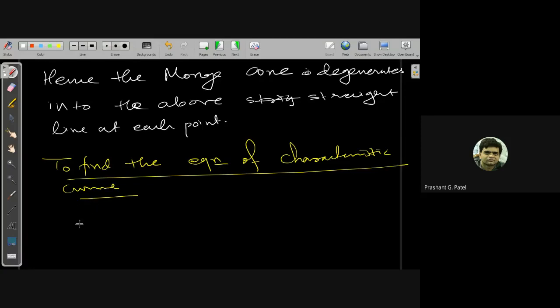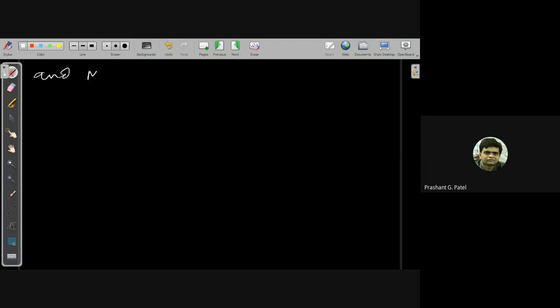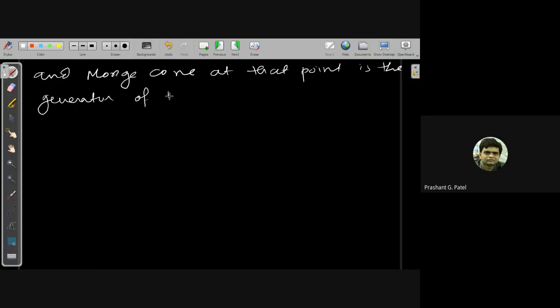So we'll write that as: the line of contact between the tangent plane to an integral surface and the Monge cone at that point is the generator of the Monge cone.